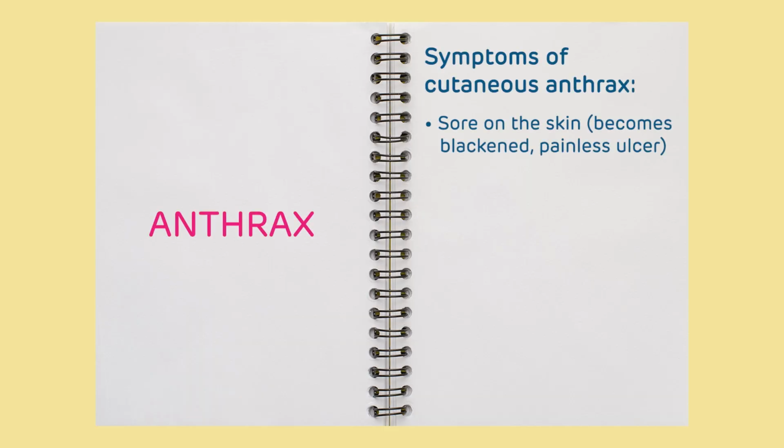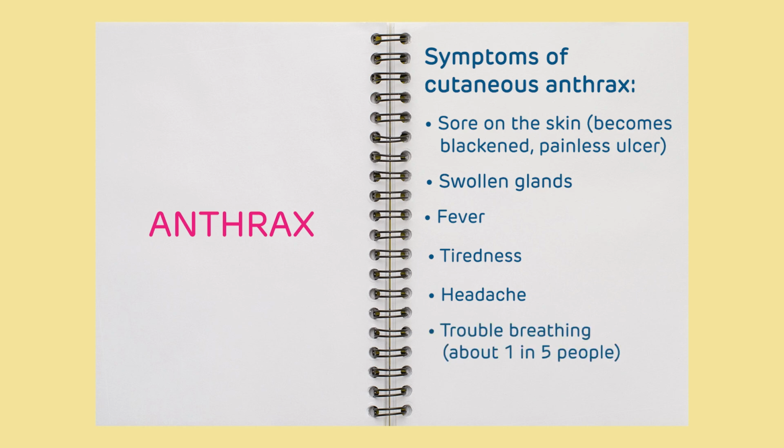When somebody's exposed in this way, their symptoms usually start within 2 to 7 days after being exposed, and the most common first symptom is a sore that starts on their skin. Usually it starts as something small and red, but then progresses to a blackened, painless ulcer. Other symptoms that can develop after that include swollen glands, fever, being tired, having a headache.